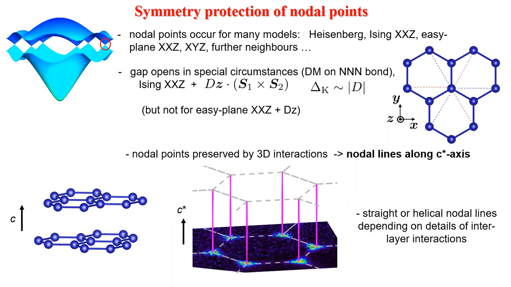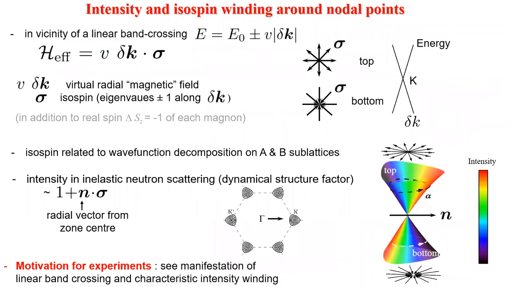As far as I understand, there's different mechanisms. So in the single layer ferromagnetic honeycomb, my understanding is that it's parity time reversal, but there's more complicated systems.